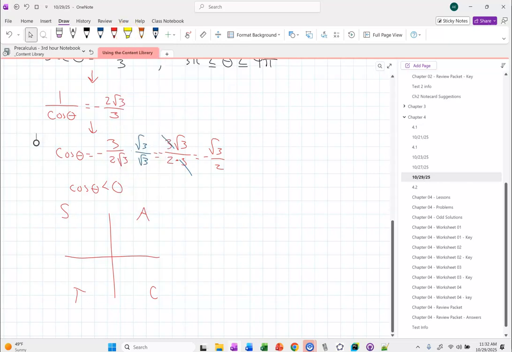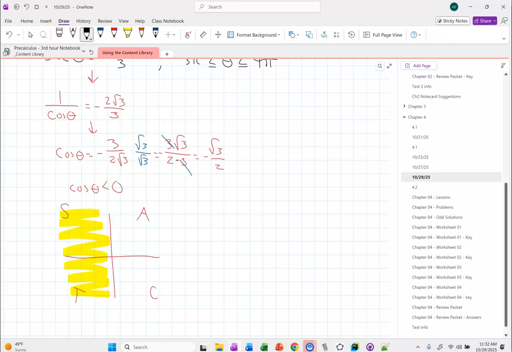What quadrants are covered by cosine being negative? S and T. That's alpha. And then we have to figure out what's covered by 3 pi to 4 pi. We did that exact same thing above though, didn't we?